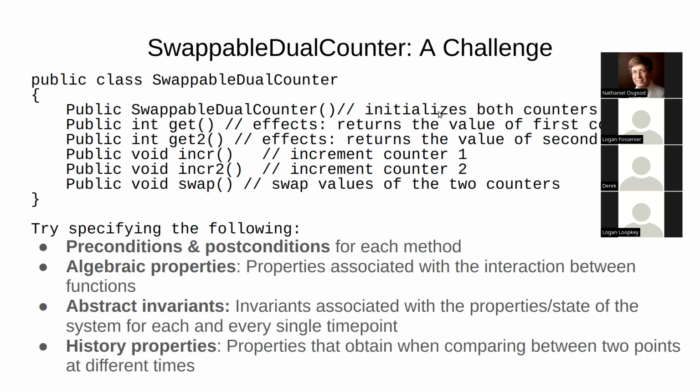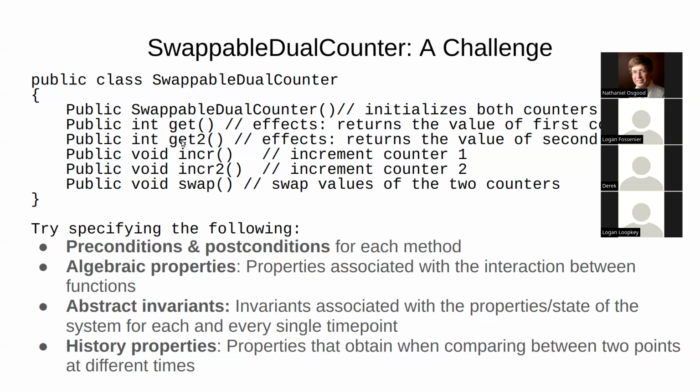Once both counters are initialized to 0, is there any way that they could become undefined? I'm going to put aside rollover effects when you get beyond the end of the integers. Let's put that aside. Is there any way they could become undefined? We start at 0.